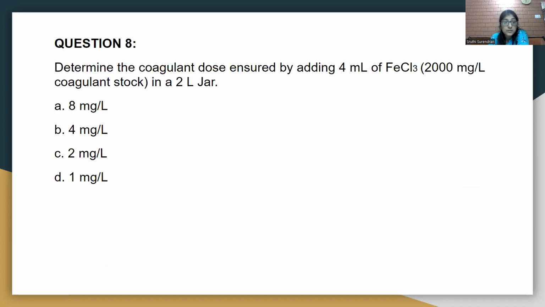Now moving on to the next question. Determine the coagulant dose ensured by adding 4 milliliters of ferric chloride in a 2-liter jar.